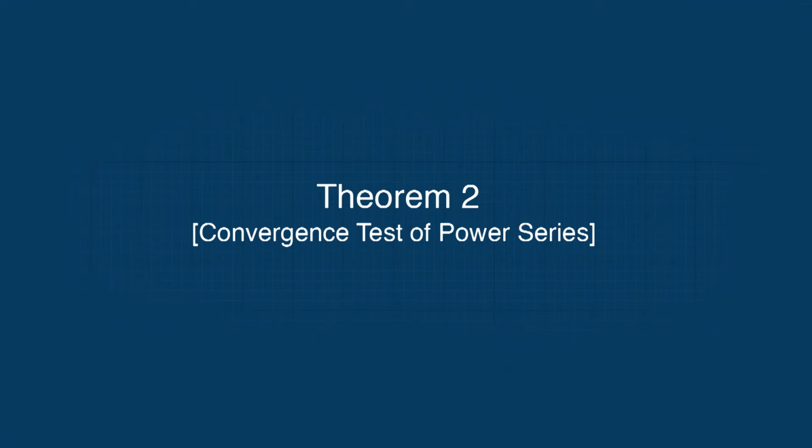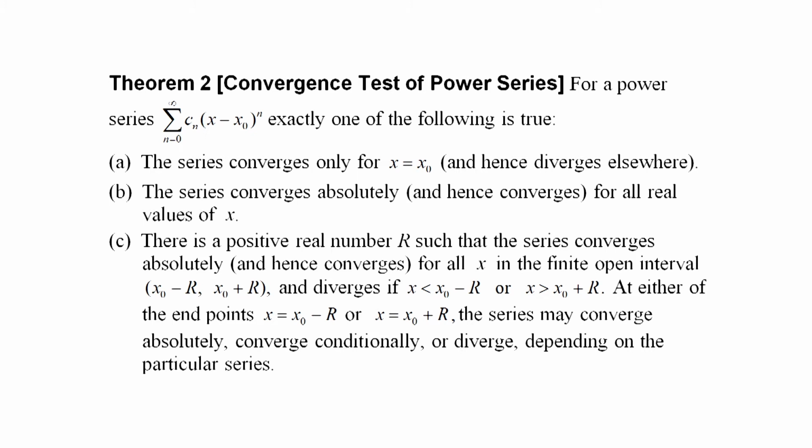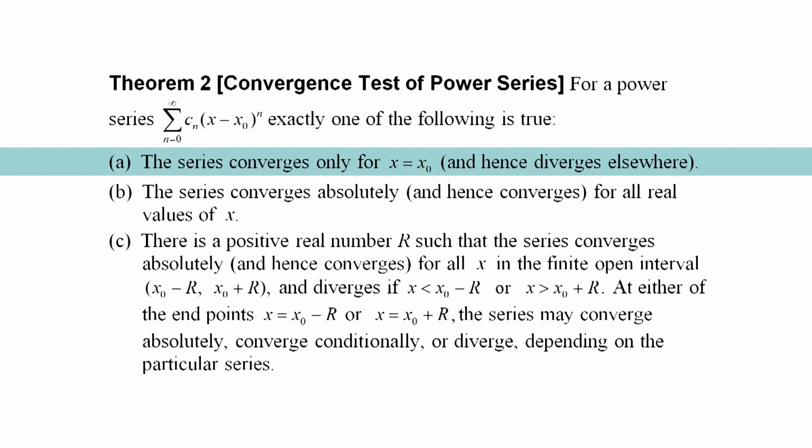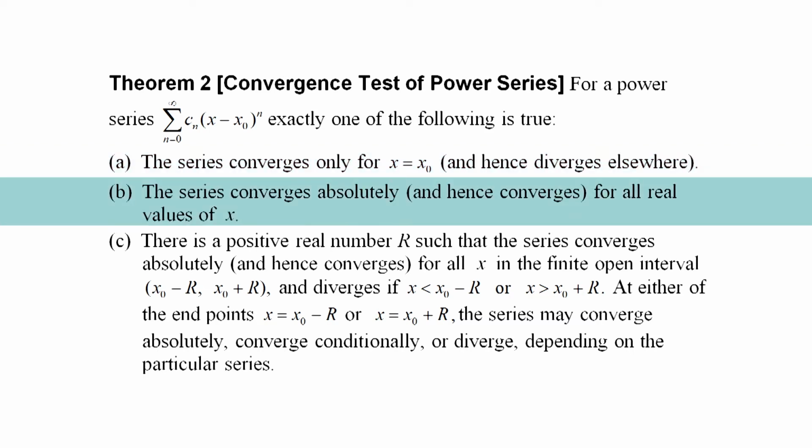Theorem 2, convergence test of power series. For a power series, summation C_n (x minus x naught) whole power n where n from 0 to infinity, exactly one of the following is true. First one, the series converges only for x equal to x naught and hence diverges elsewhere. Second one, the series converges absolutely and hence converges for all real values of x.